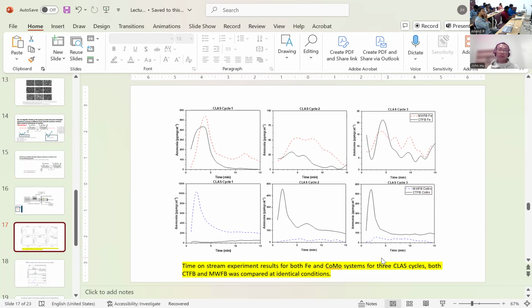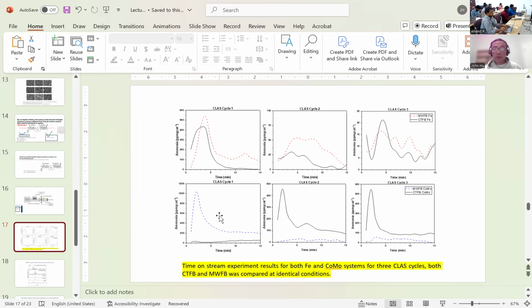To say it a different way, some materials are stable under conventional heating, and some are more active and stable under microwave heating. The conclusion from the first row is that iron is very sensitive, more active and stable under microwave, and better than conventional heating.